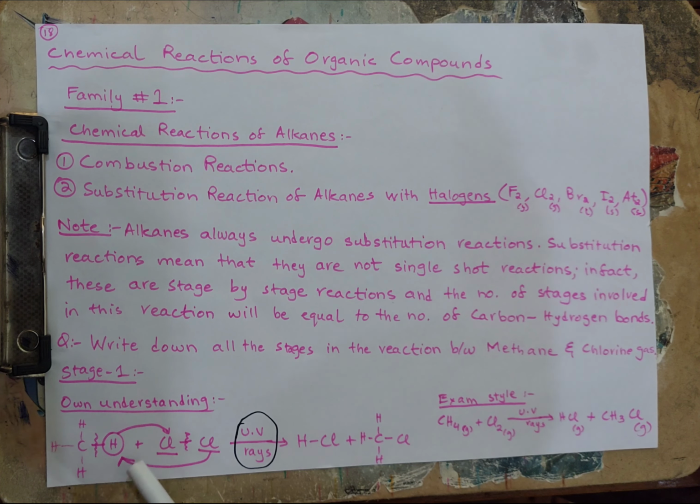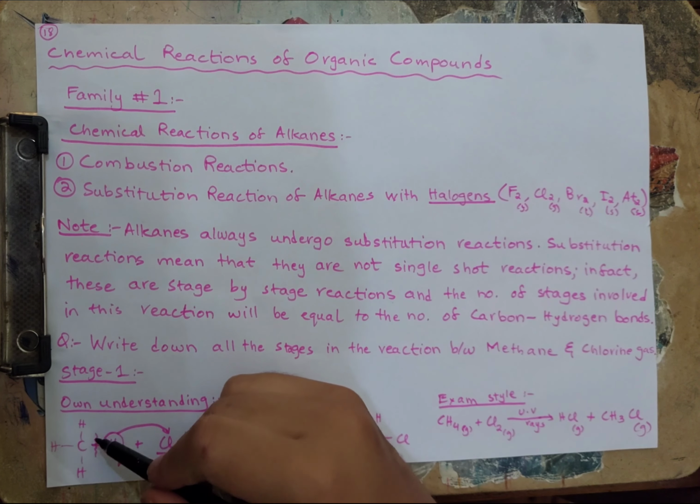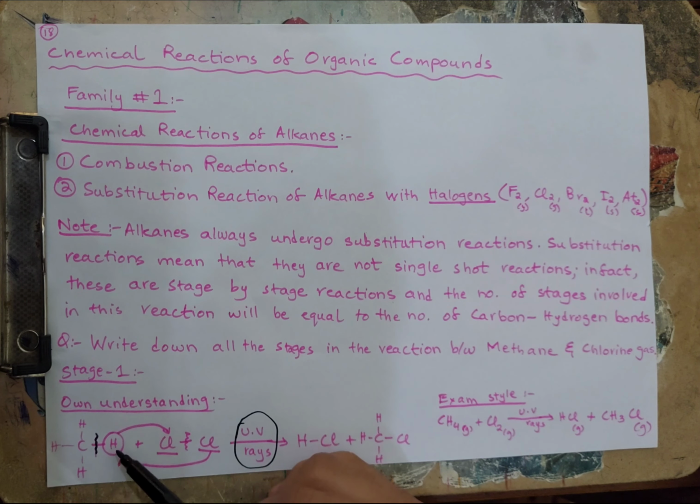How? Since chlorine is more electronegative than hydrogen, chlorine can displace hydrogen from this CH bond. So this CH bond breaks, and chlorine replaces hydrogen.